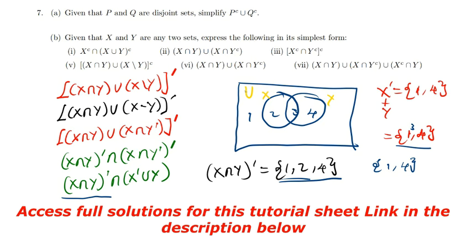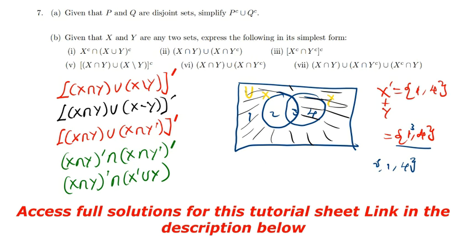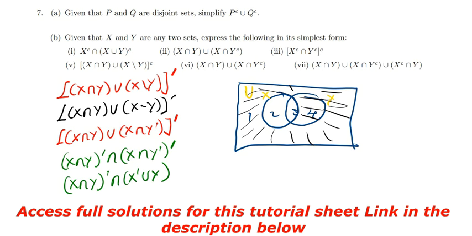Now let's check where 1 and 4 are in our set. 1 is in the universal set, whereas 4 is part of y. If we are asked to shade, our final result would be like this. But here we are being asked to just simplify. Simplifying this one, we cannot describe that shaded part because we have an element in the universal set which is outside x and y, but this part is also taken up.